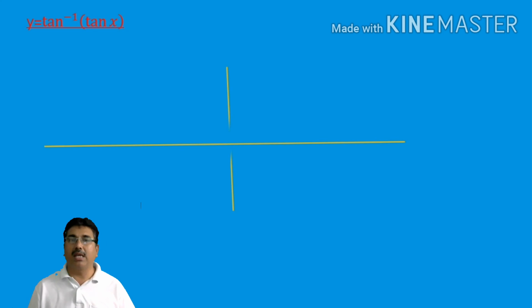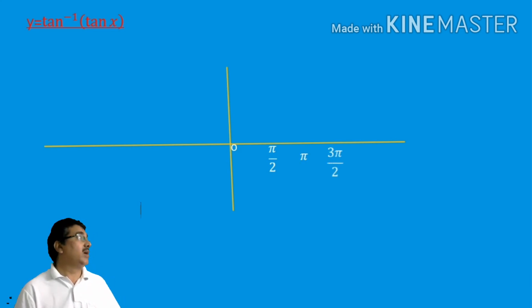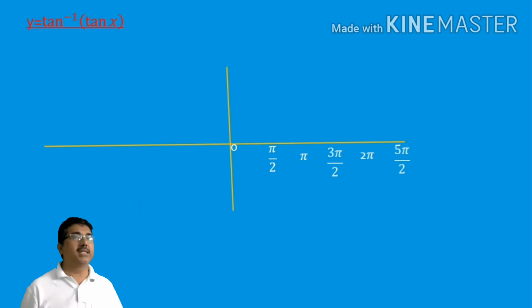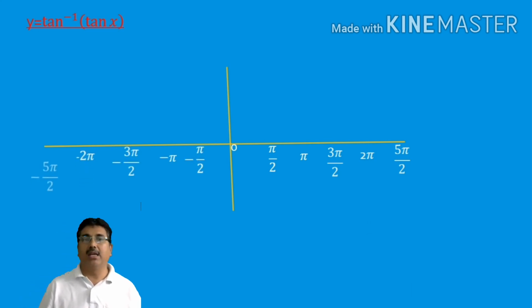Now, the graph of y is equal to tan inverse of tan x. What is the domain of this function? The domain of this function is the set of all real numbers and the range is the open interval minus pi by 2 comma pi by 2. Take the domain values on the x-axis and the range values on the y-axis.